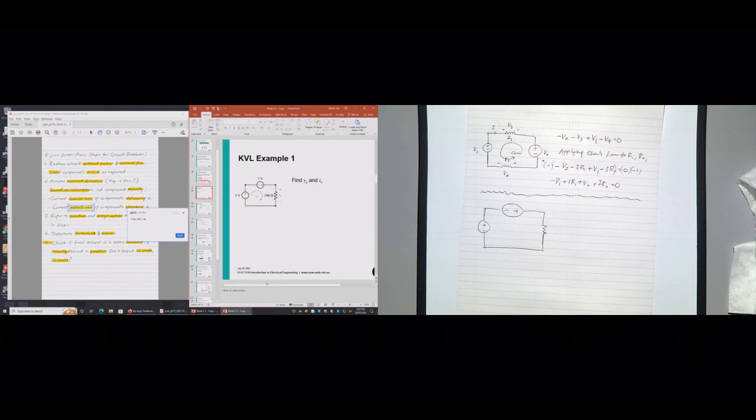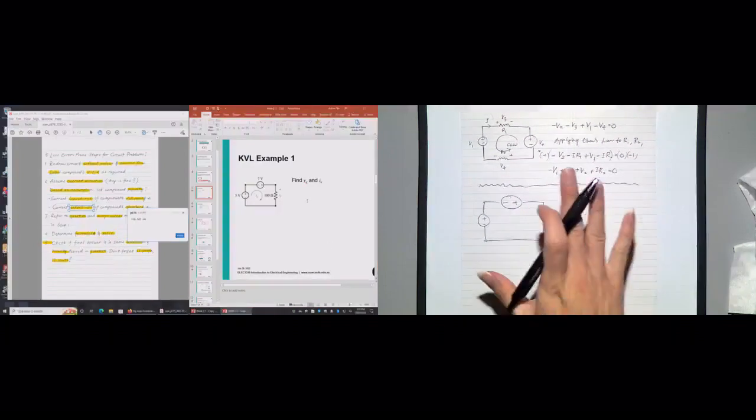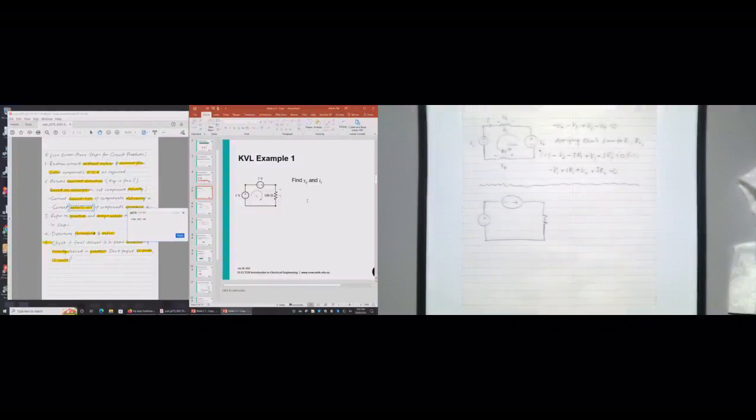Okay, done? So what have I done here on this document scanner? I went through step 1. I redraw my circuit without any values or any of the current assumptions, so everything is blank. Then I label my components.